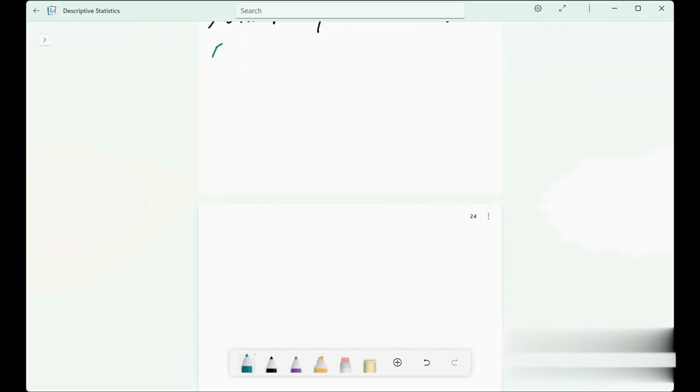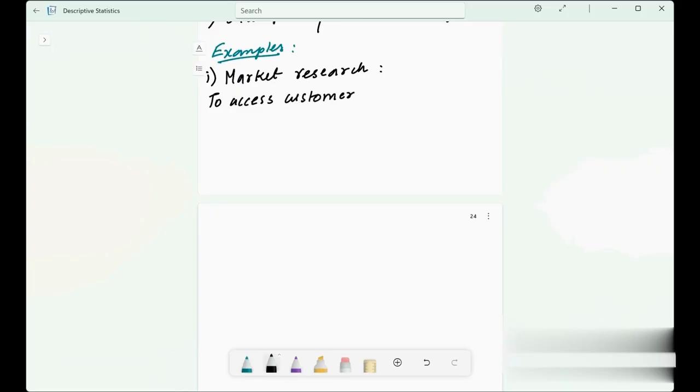Now we'll come to the examples where this questionnaire method is used actually. First is market research. For market research, what do you need to have? Customer response, right? So to assess customer satisfaction or preference.